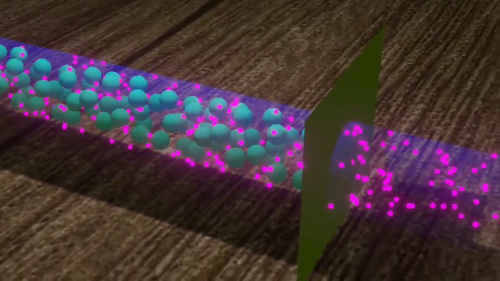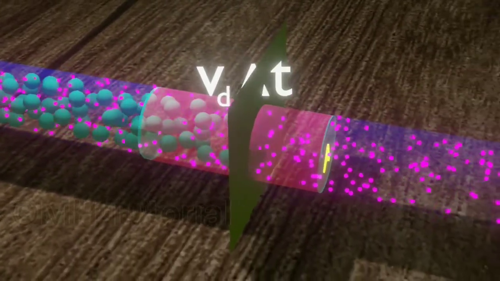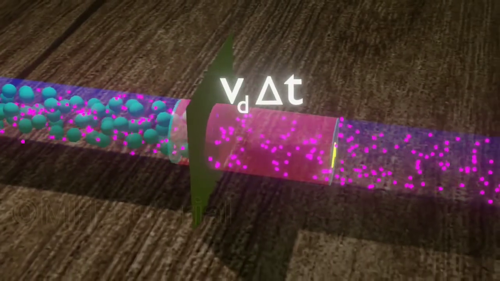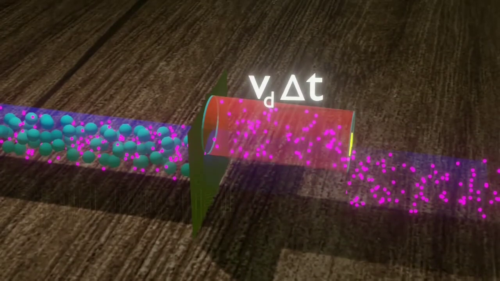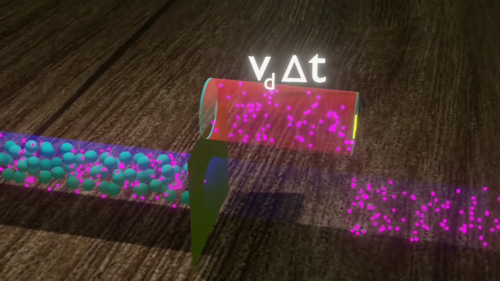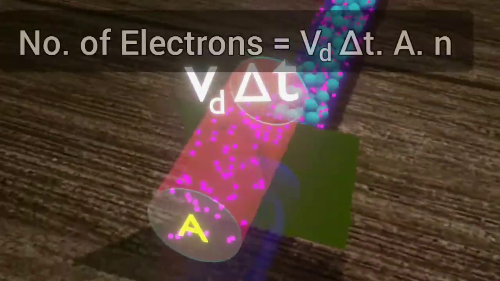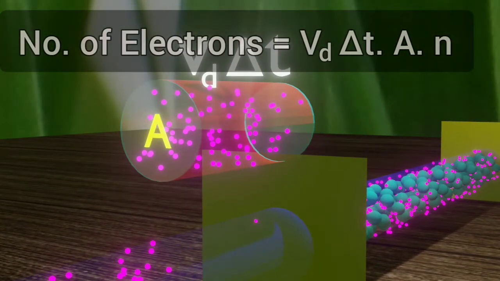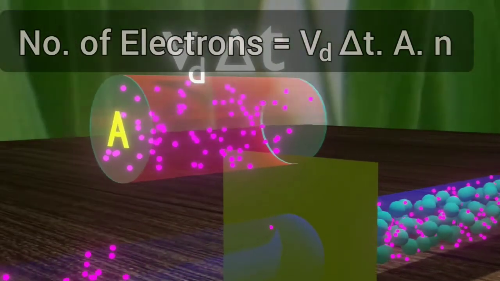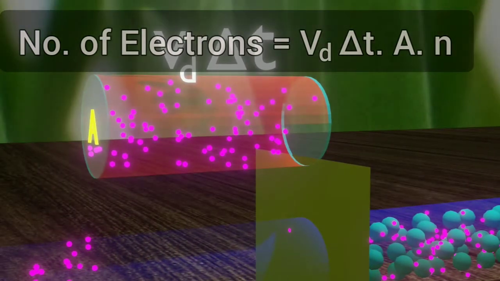During an interval of delta t, total number of electrons that pass through this plane are equal to the number of electrons inside the cylinder of length Vd into delta t. That is the number of electrons inside the volume Vd into delta t into A into N, where A is the cross-section area of the cylindrical wire, and N is the density of electrons inside the matter, or number of electrons per unit volume of the wire.